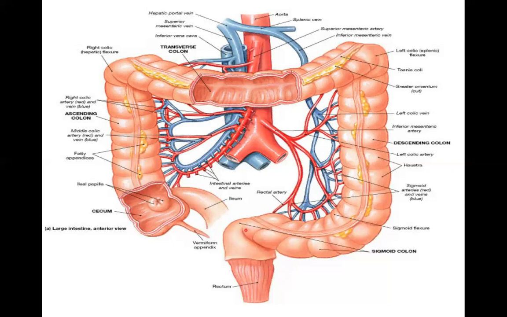From S3 we have the rectum. Then the anal canal is the last part. The sigmoid colon is covered by a fold of peritoneum called the sigmoid mesocolon. This is approximately everything about the large intestine.